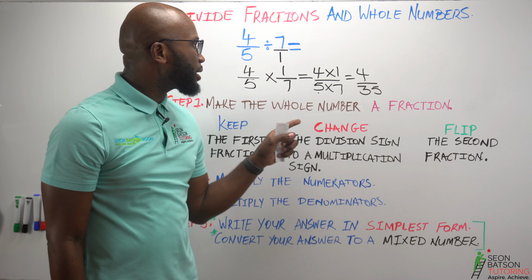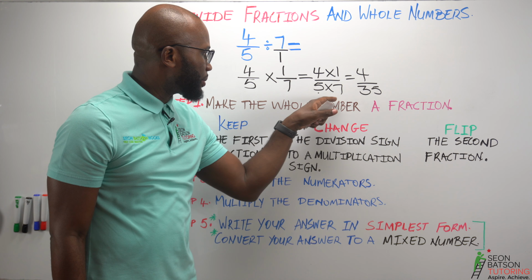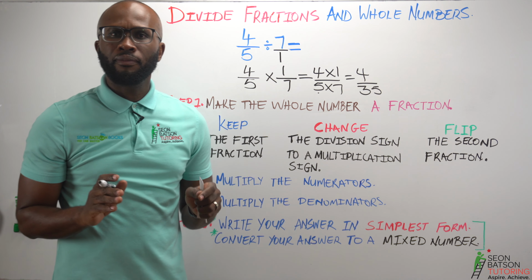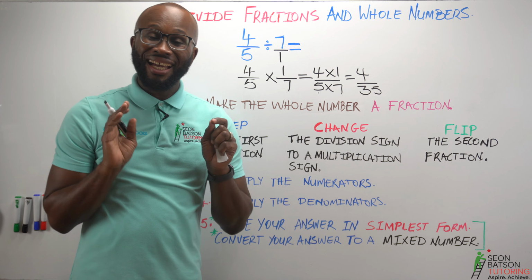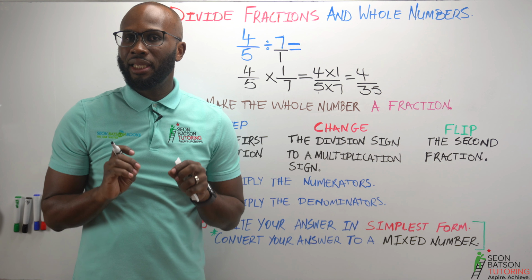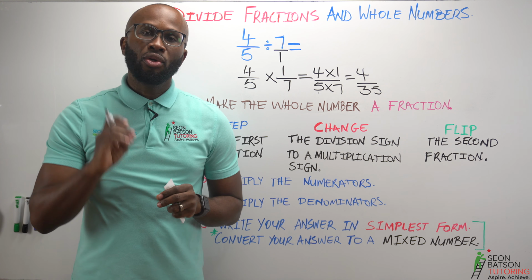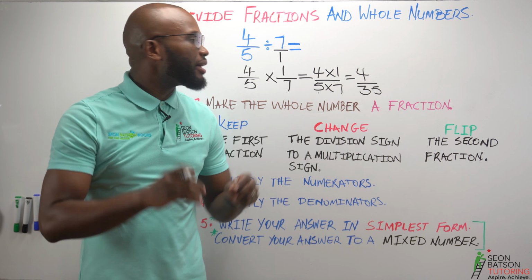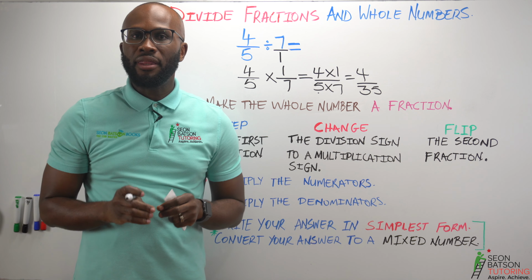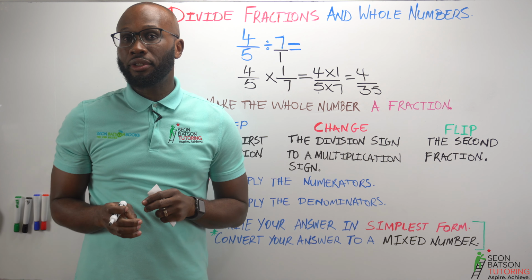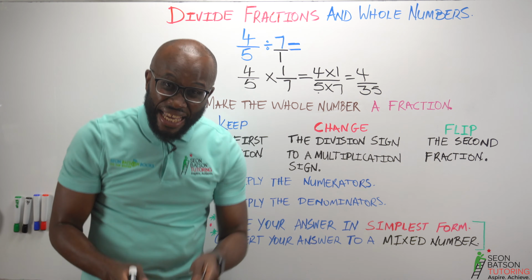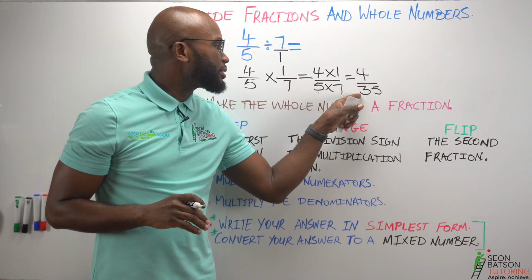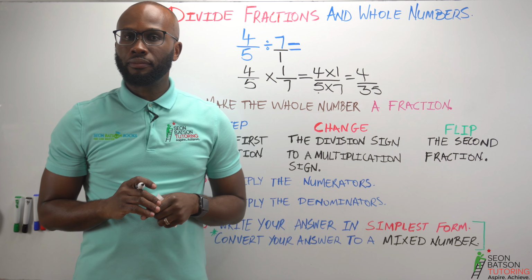After multiplying the numerators and the denominators, you always want to check to see if you can write your fraction in its simplest form. And again, to write a fraction in its simplest form, you will simply divide the numerator and the denominator by their greatest common factor, or by the biggest number that can go into the numerator and the denominator evenly.